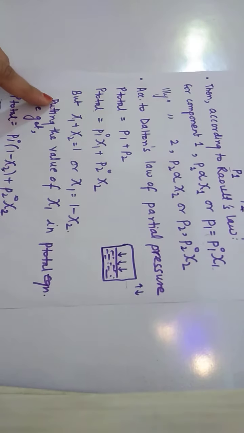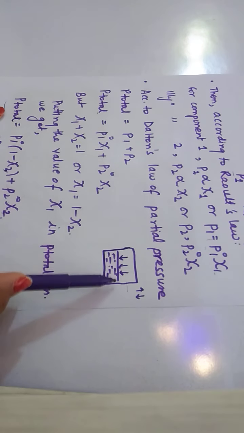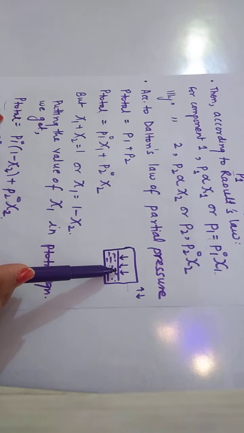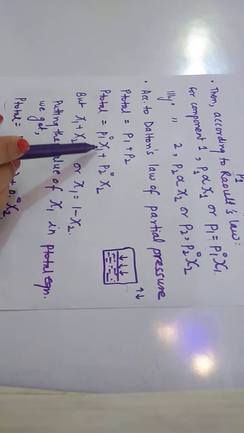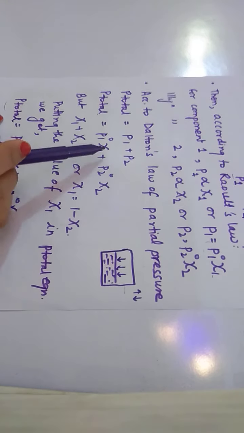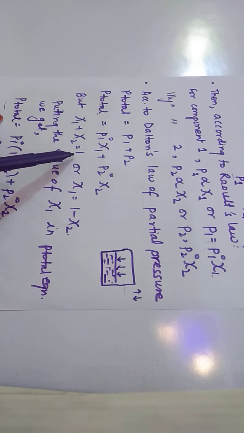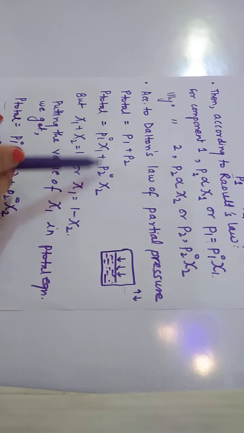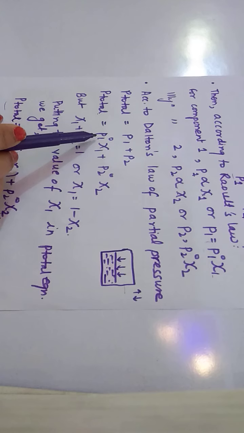So what I have said is that the total vapor pressure over the solution may increase or decrease with the increase in the mole fraction of component 1, as it depends upon the vapor pressure of the pure components, that is, P1 naught and P2 naught.